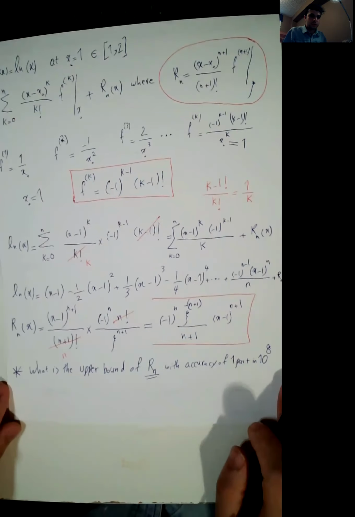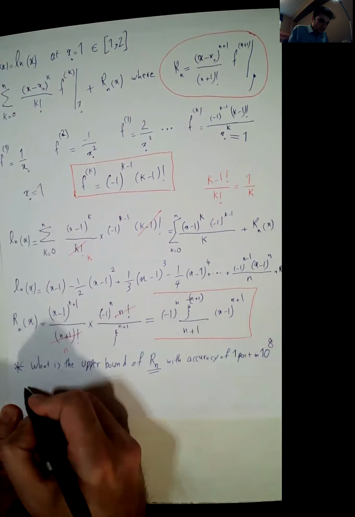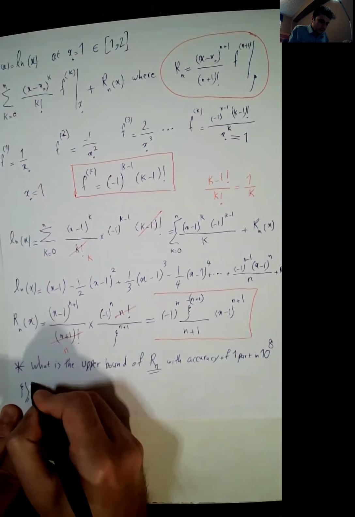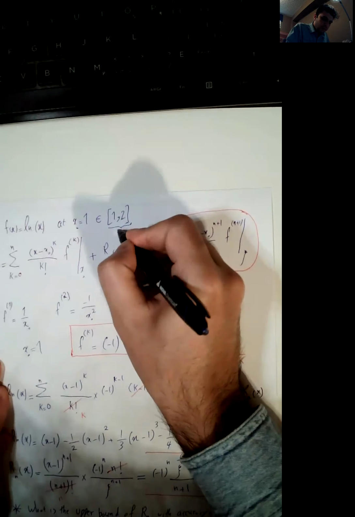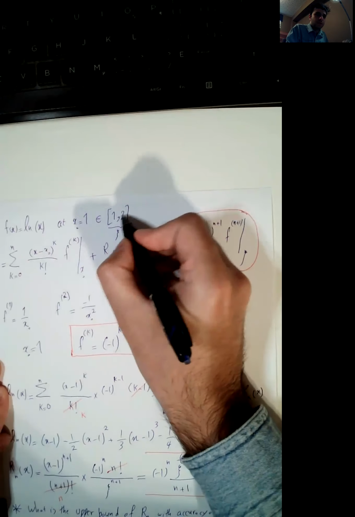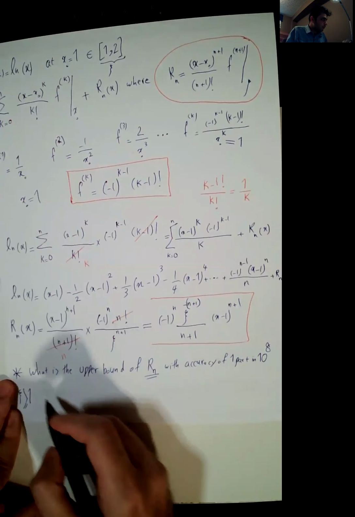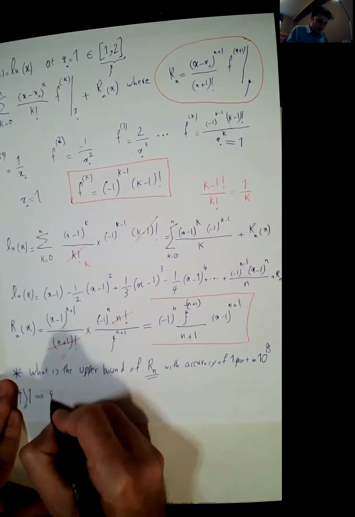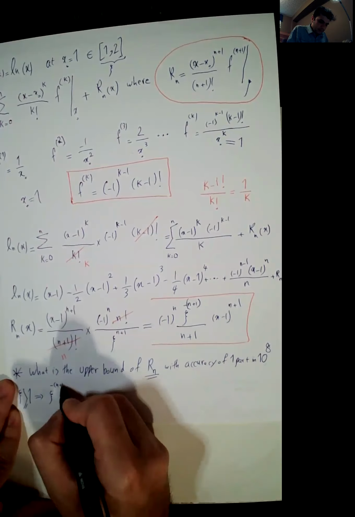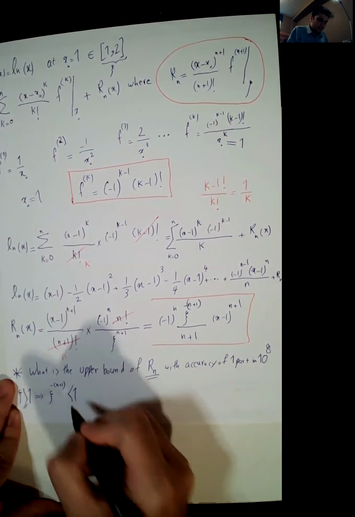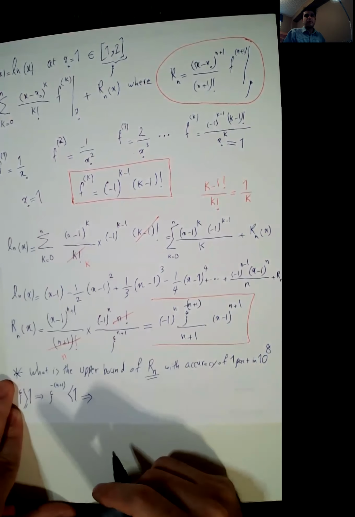So how to solve this one? We know that psi is greater than 1. Why? Because psi will be in this interval as well. Therefore, psi to the power of minus (n plus 1) will be less than 1. That will help us to find the upper bound of truncation error.